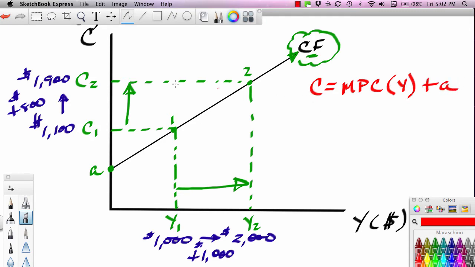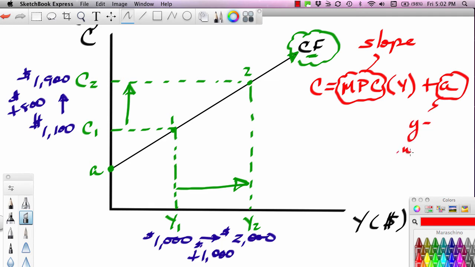So c is the y variable. Y, capital Y, down here is the x variable. MPC, which I haven't defined yet, is what we would call the slope. And A is the what? Is the y-intercept. Okay? So here's, this is consumption, this is disposable income, this is MPC, which I haven't defined yet, and this is A.